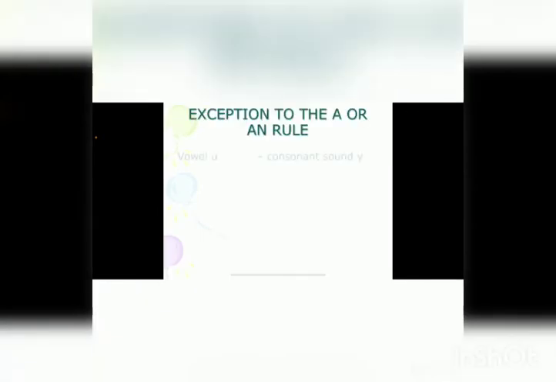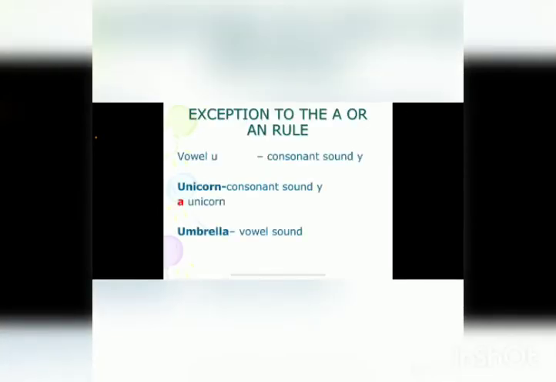However, the word umbrella begins with the vowel U but it has a vowel sound. So we use article an before it and we'll say an umbrella. Now children, we need to remember the use of a or an depends on the opening sound of the word, not on the actual letter with which it begins.